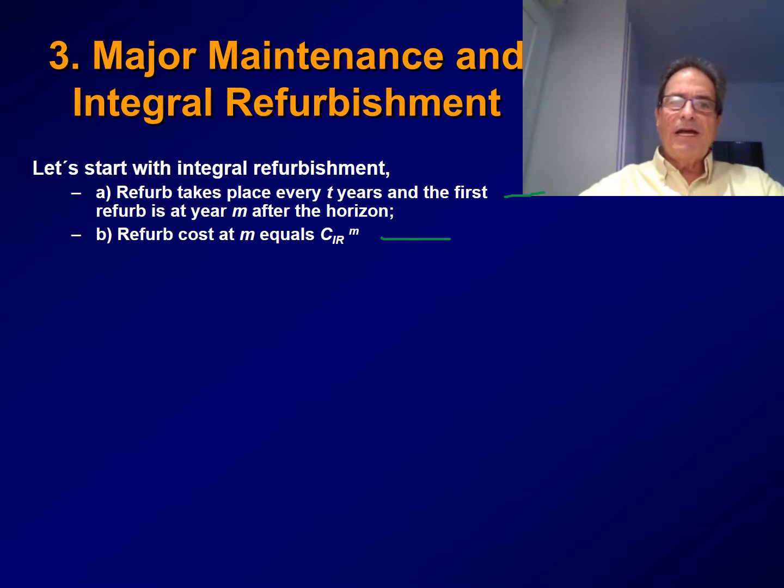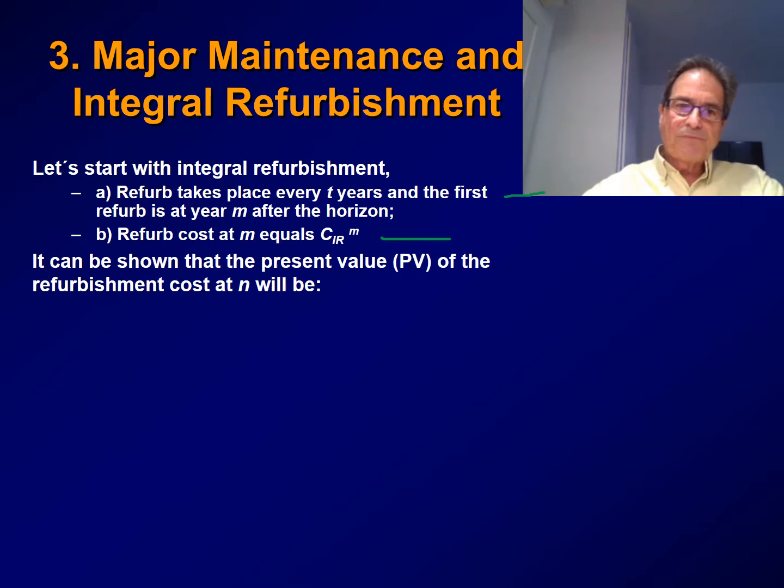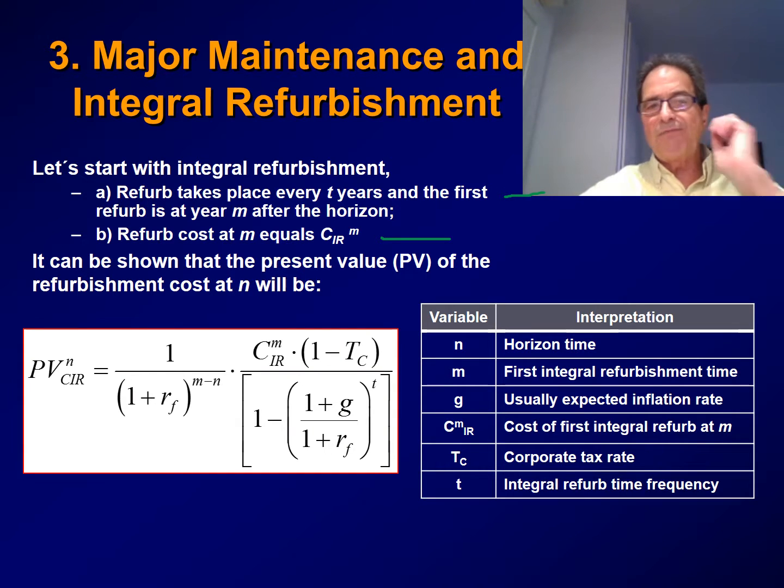And then we define the refurbishment cost at time M, at the time of the first refurbishment, in nominal terms, as CIRM. It can be shown that the present value of the refurbishment cost at time N, meaning at the end of the horizon, will be given by this formula.